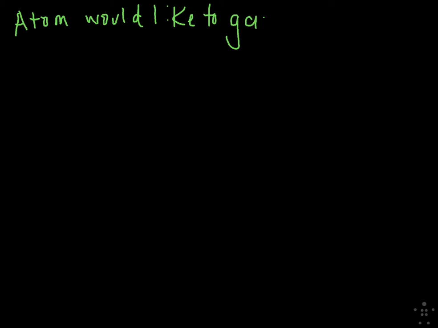So an example of an atom that would like to gain, write that up here. We're going to go with something on that right-hand side of my periodic table, and you'll find that fluorine is there. And it has 9 protons in a neutral atom and 9 electrons.